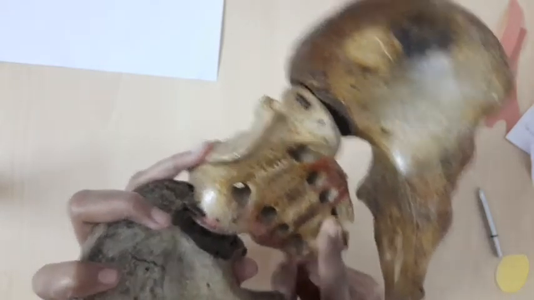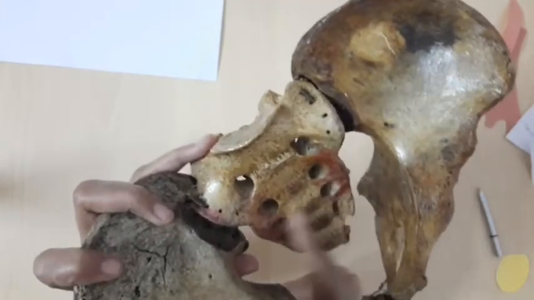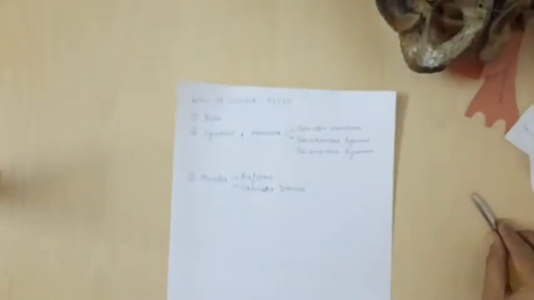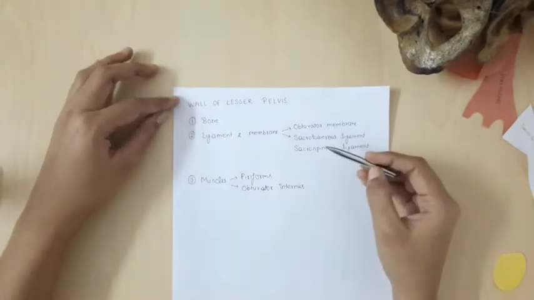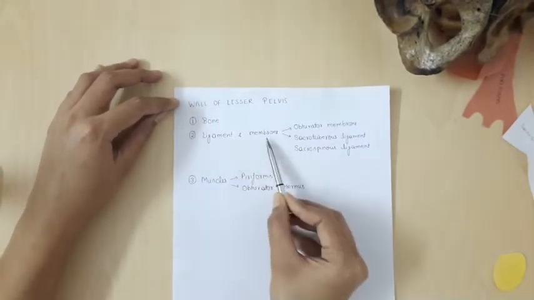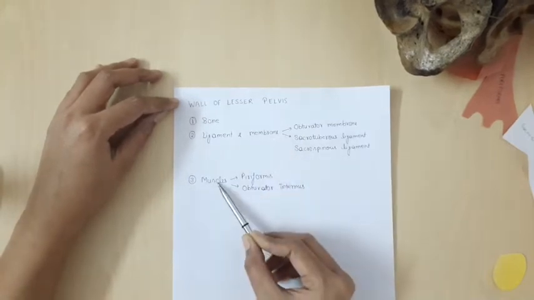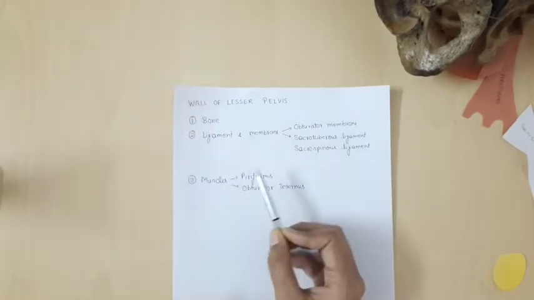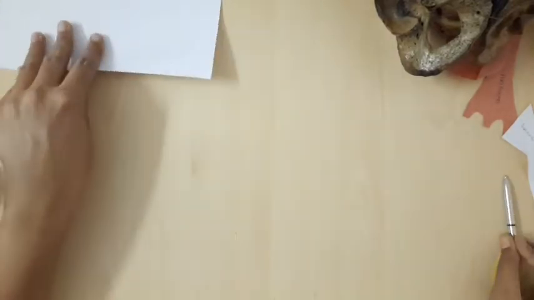First, we will discuss the wall of this lesser pelvis. The wall of this lesser pelvis is made up of three things. One is bone, second is ligament and membranes, and third is muscles. Now come to bones.